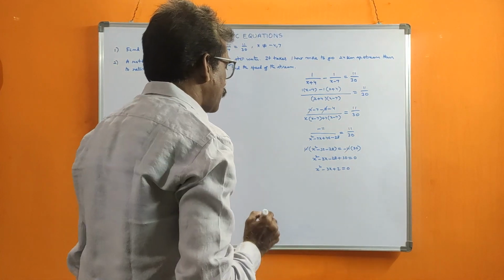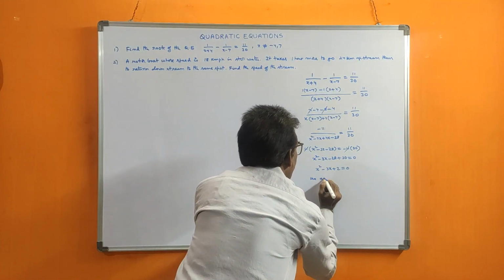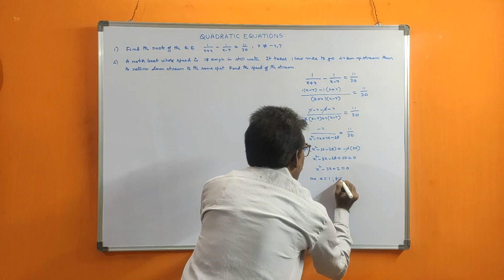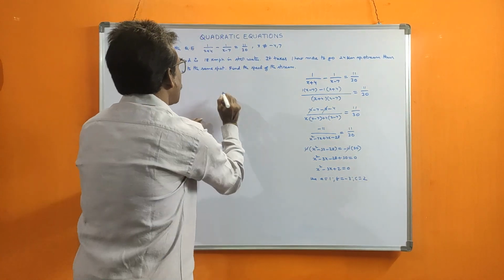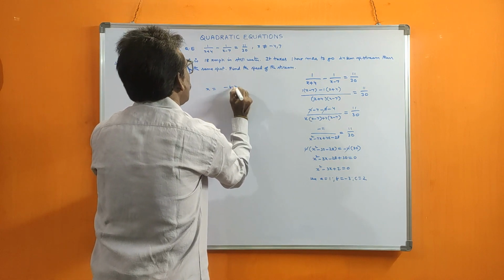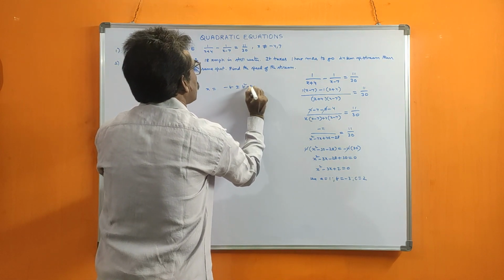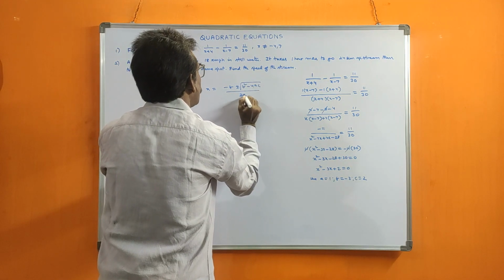Now this is the standard form of quadratic equation. Here a is equal to 1, b is equal to minus 3, c is equal to 2. Now directly, x is equal to minus b plus or minus square root of b square minus 4ac, whole by 2a.